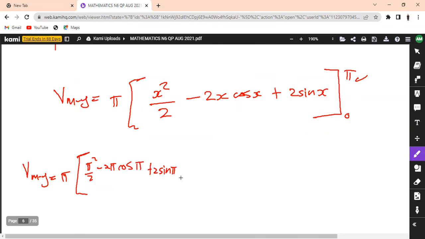All right, so that's the first part that you're going to have, minus the lower limit, which is 0 here. So this one is going to be 0, definitely, guys. Here we've got x, this one is going to be 0 also. The sine also is going to be 0 here. Yes, so this one we can actually see by mere looking. Sine 0 is 0. So that's what you're going to have at the end.